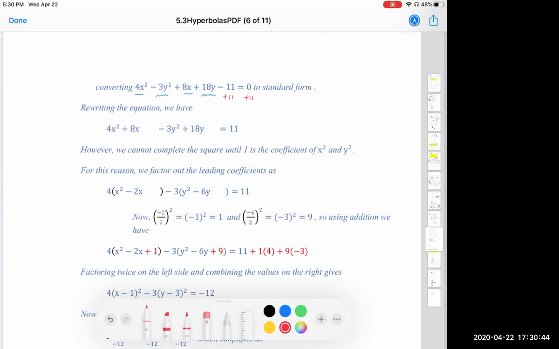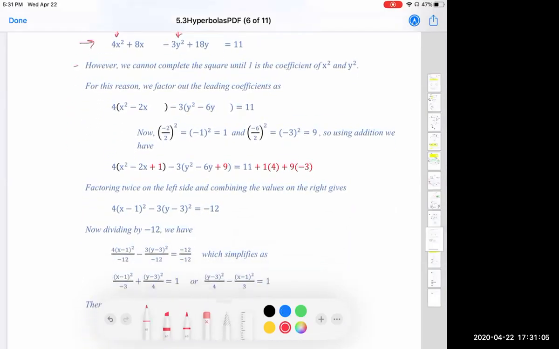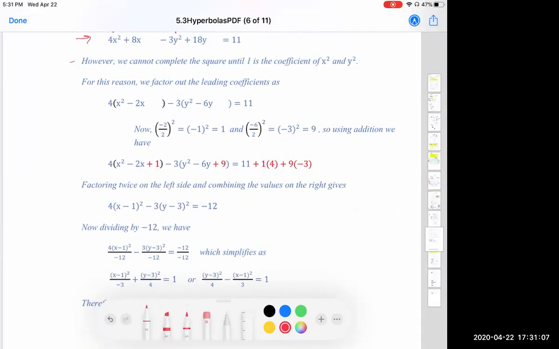Now that you've grouped your x's and your y's, you have to make sure the coefficient of each squared variable is a 1. So I need to factor out that leading coefficient, if there is any. We cannot complete the square until 1 is the coefficient of x squared and y squared. For this reason, we factor out the leading coefficient, such as we have here.